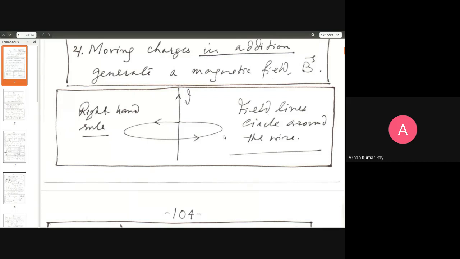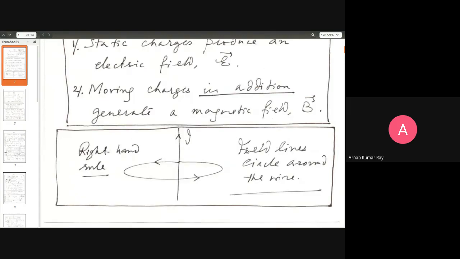The field lines circle around the wire. So when the current is going upwards, charges are in motion, of course. So this set of moving charges, this current, will give rise to a magnetic field. And what is the magnetic field behavior going to be like? Use your right hand.